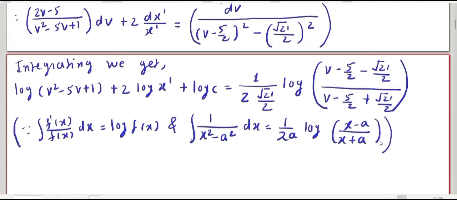So using this formula to find the integration of this term, and for these two we are using this formula. So 2 gets cancelled here.